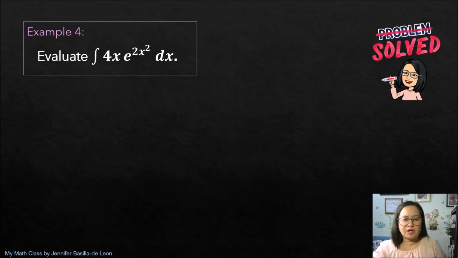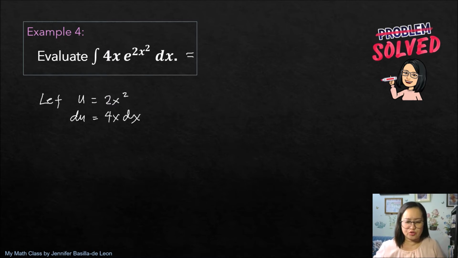Okay, now what about if we have the Euler number? So we rewrite this in terms of u. We start our solution with let u be equal to 2x squared. Then getting the derivative on both sides, we will have 4x dx.